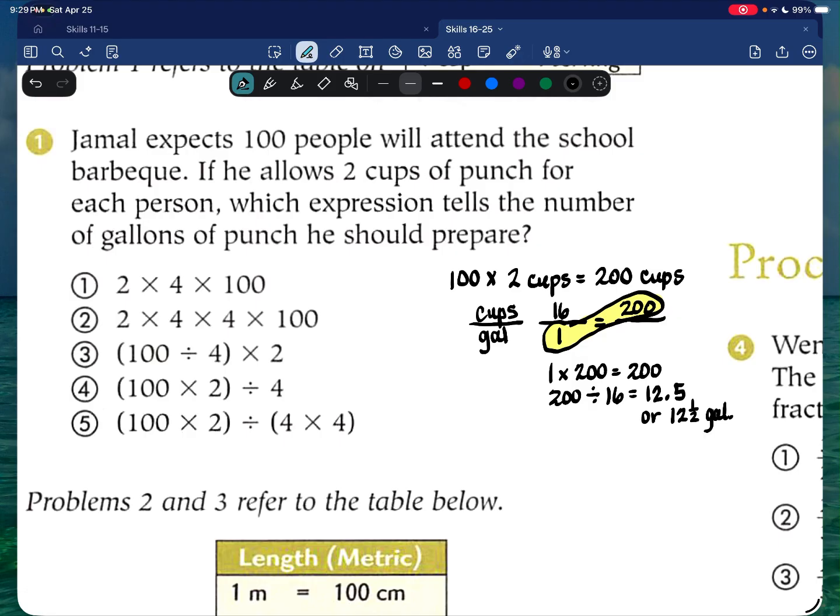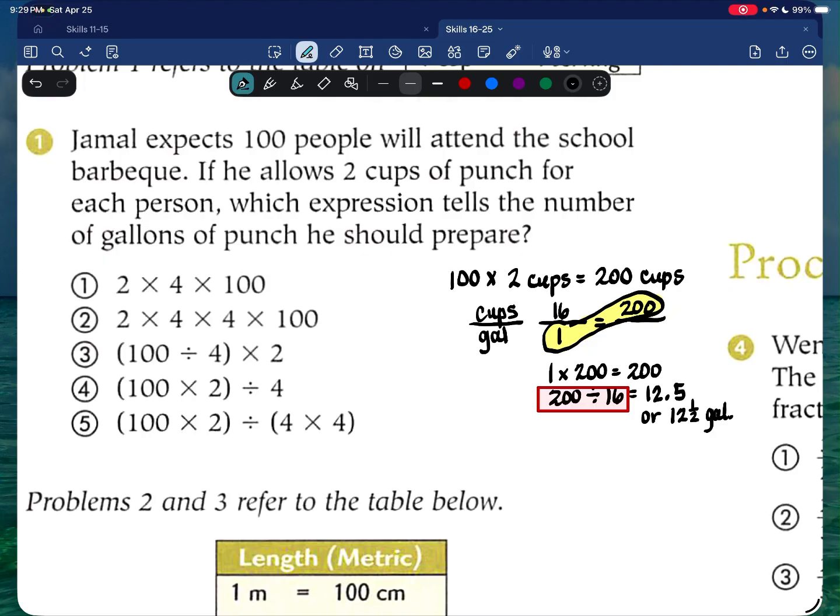But right here is what we need. We have what we need. 200 divided by 16 is the solution to this problem. And let me get that to highlight so you can see it. 200 divided by 16. So which of these answers matches what I've done there?